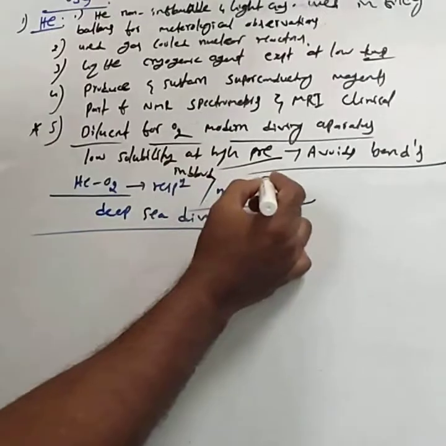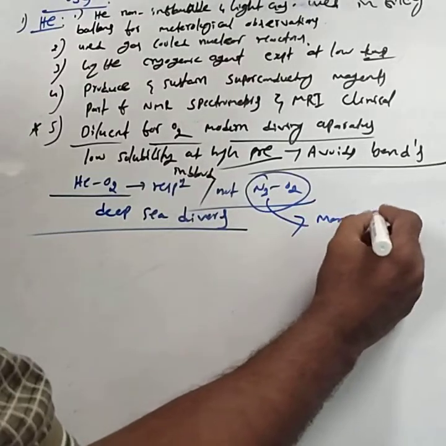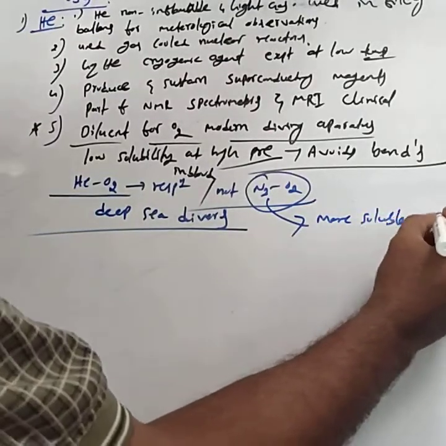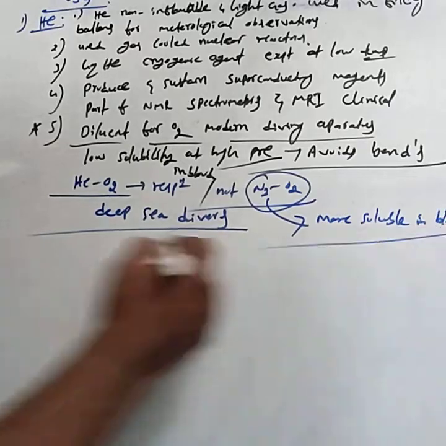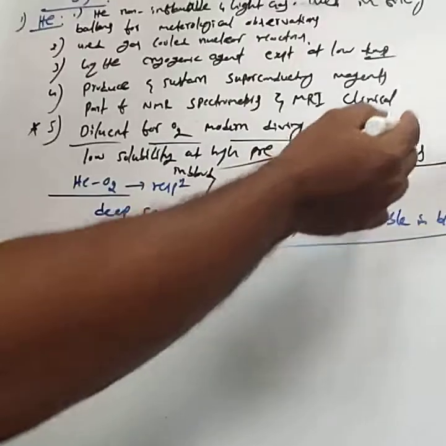Because nitrogen is more soluble in blood under high pressure, it causes a severe pain called the Bend's disease.